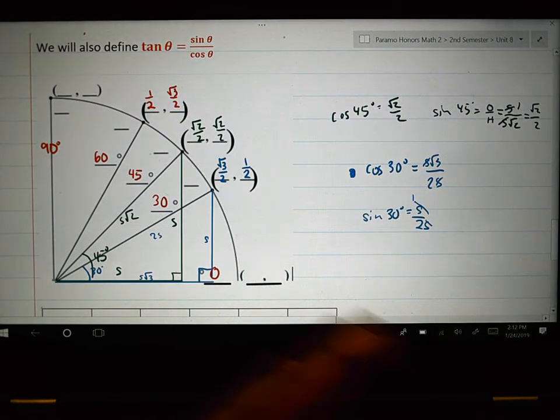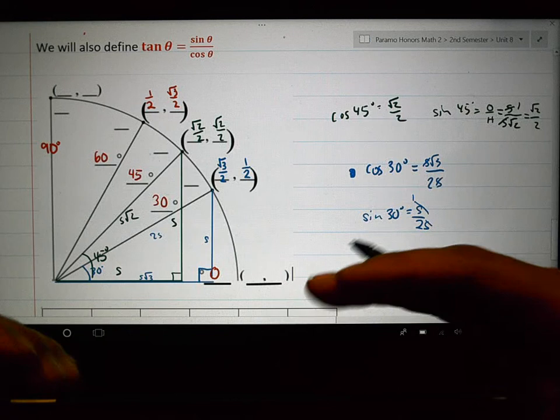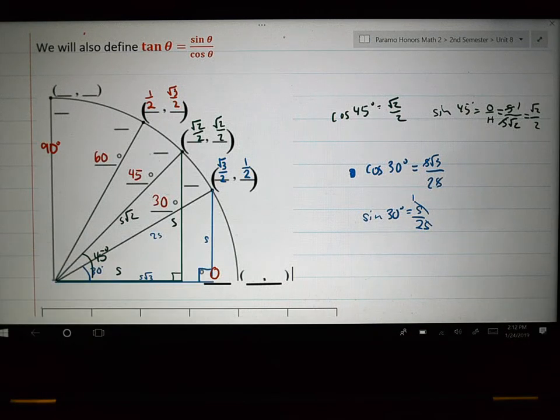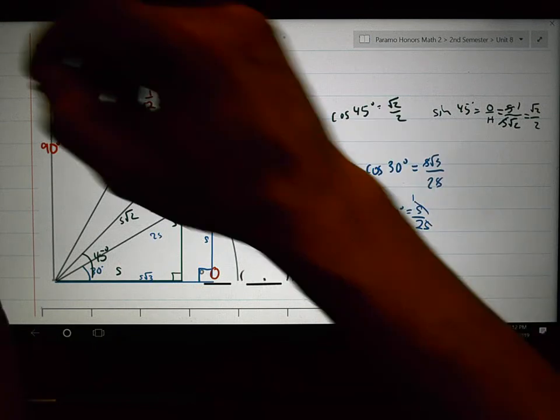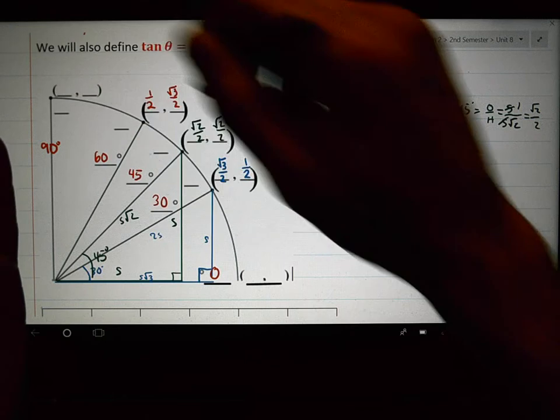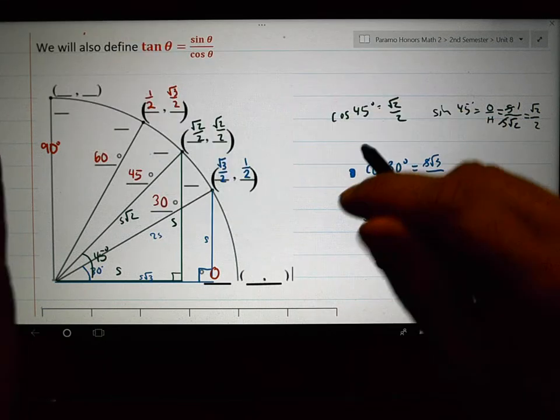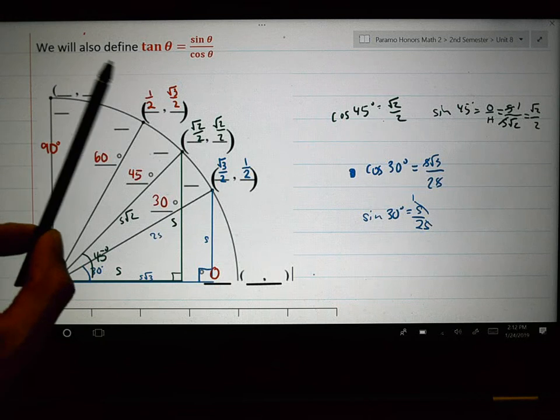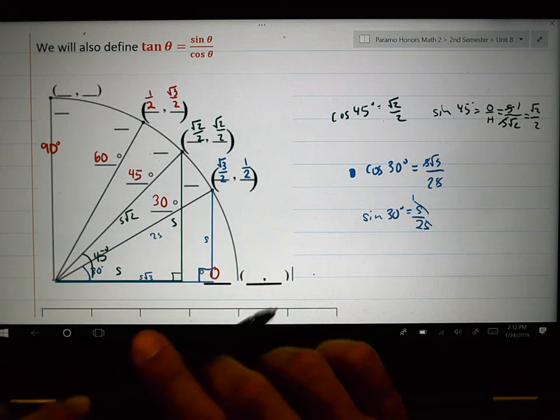Everything we do on the unit circle is 100% based off of the 30, 60, 90-degree triangle, the 45, 45, 90-degree triangle, and a radius of, how much did we say the radius was? 1. Now think about that. If this is a radius of 1, and I said that this is the coordinate, I'm talking about this point right here.